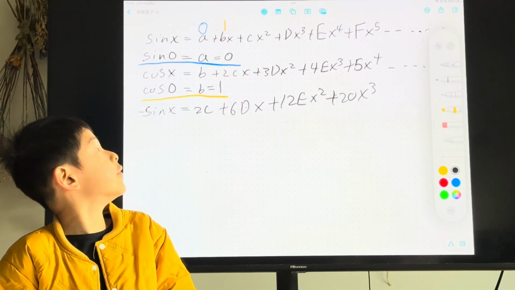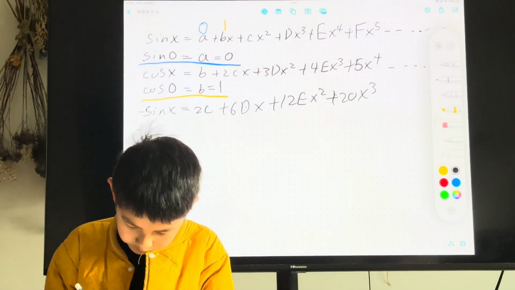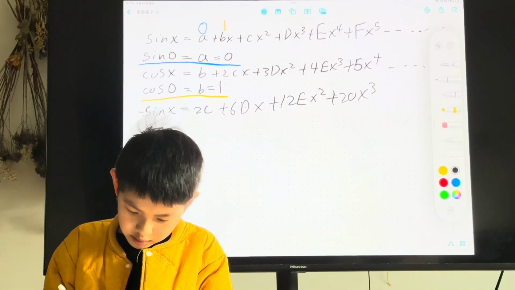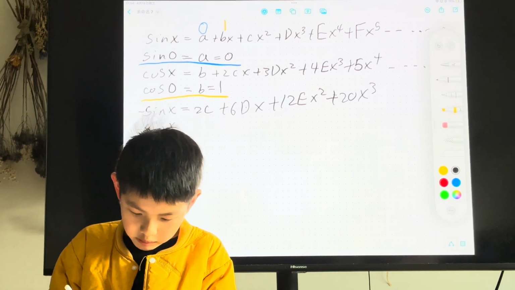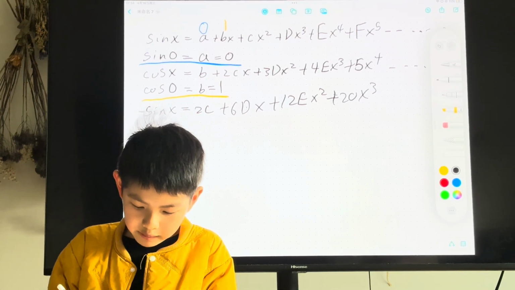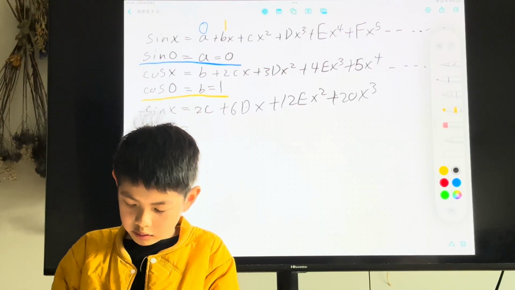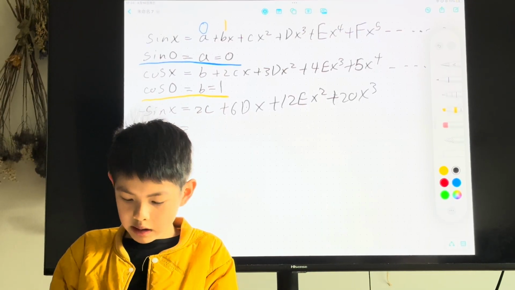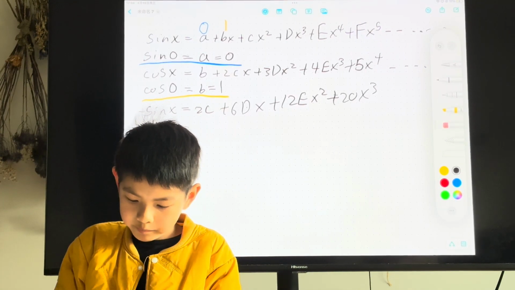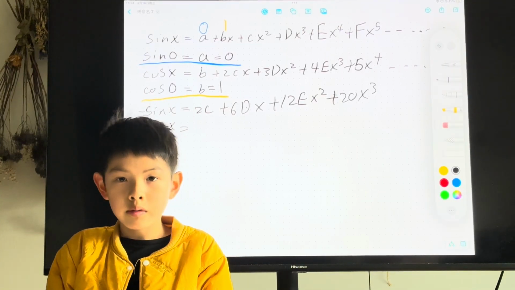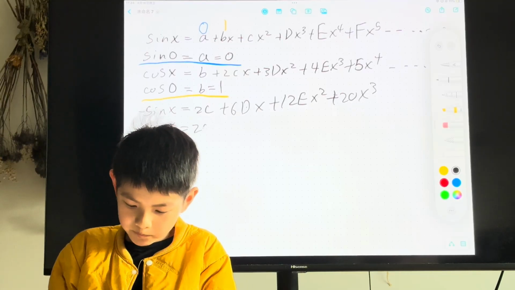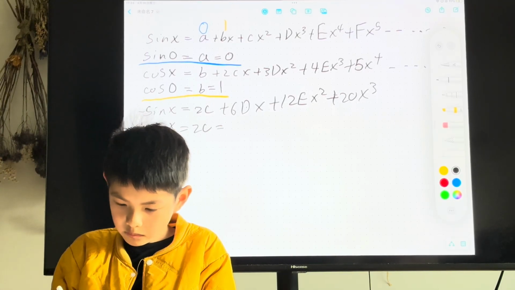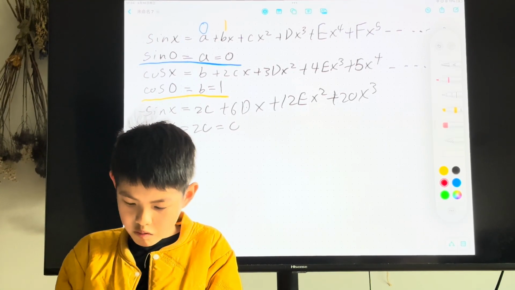We set x to 0 again. On the left side, we're left with minus sine of x, which is equal to 0, and on the right side, we're only left with 2 times c because the other terms became 0. So 2c must be equal to 0.